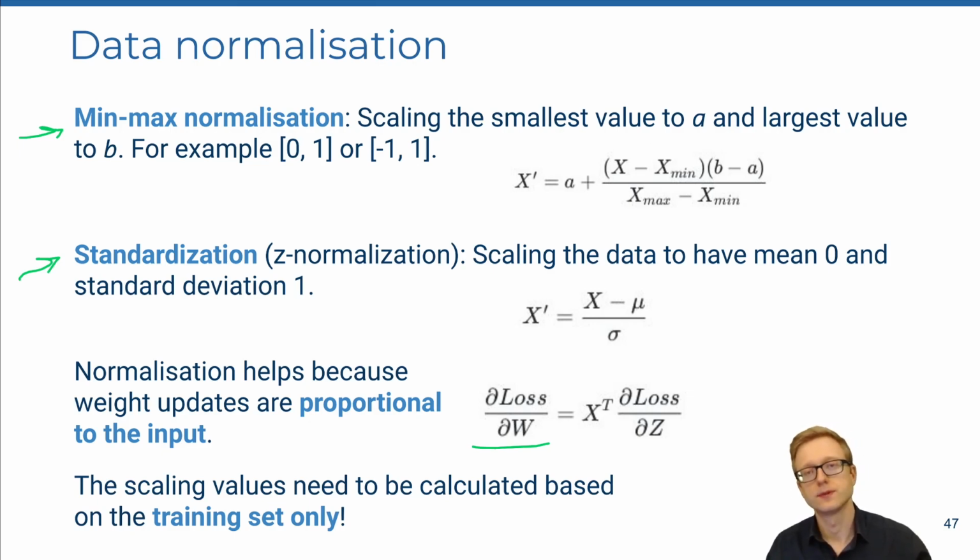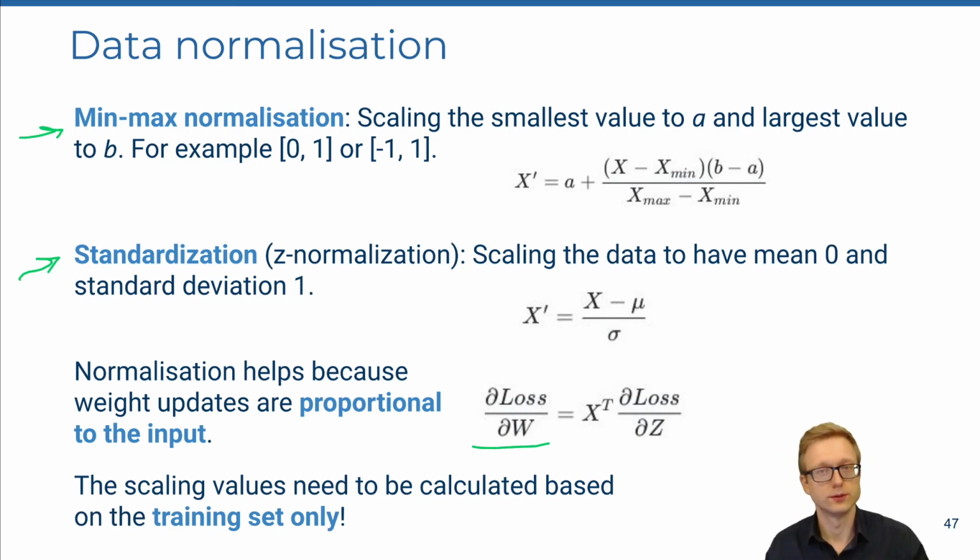And that also means we might not be able to find a learning rate that works well for all of these dimensions. So if we can get all the features to be in a similar range, and also similar to the weights in our neural network, then this usually helps the model learn more accurate models.